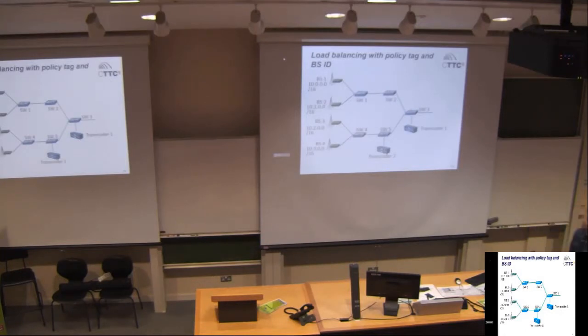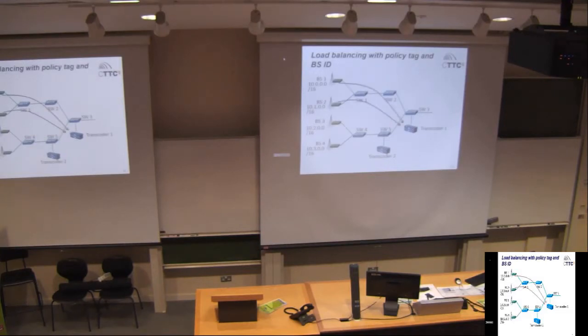Another example here. Now we want to discriminate which video traffic goes to transcoder 1 and which video traffic goes to transcoder 2. These are middleboxes that are usually embedded or can be embedded in a PDN gateway on a core network.